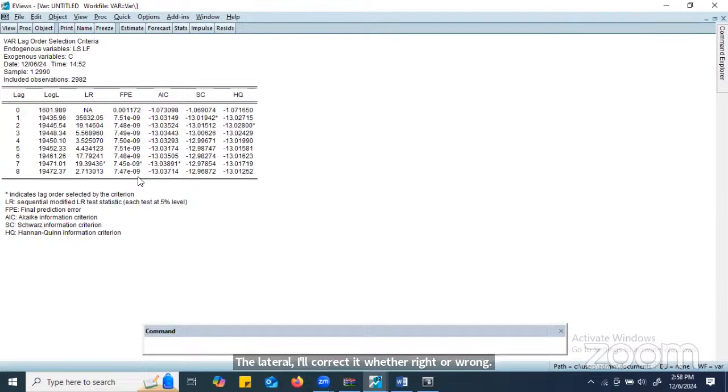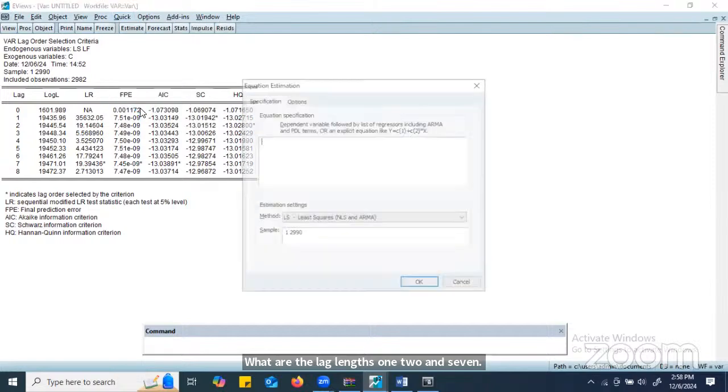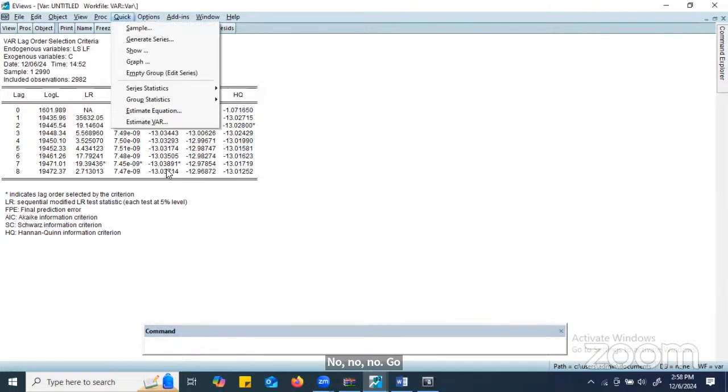Can you go for it now? What do you have to do? Go to Quick. What are the lag lengths? 1, 2, and 7. Okay, go to Quick, Estimate VAR.